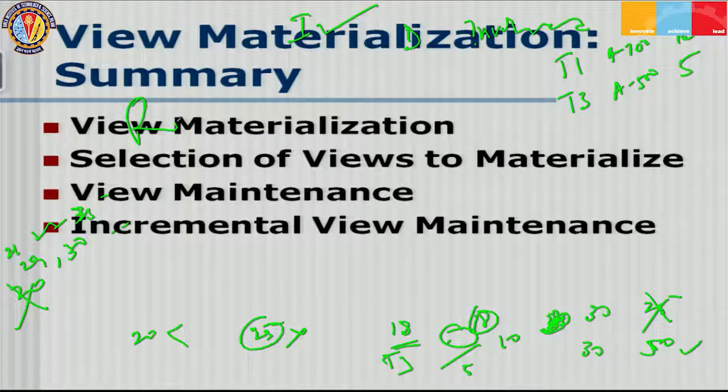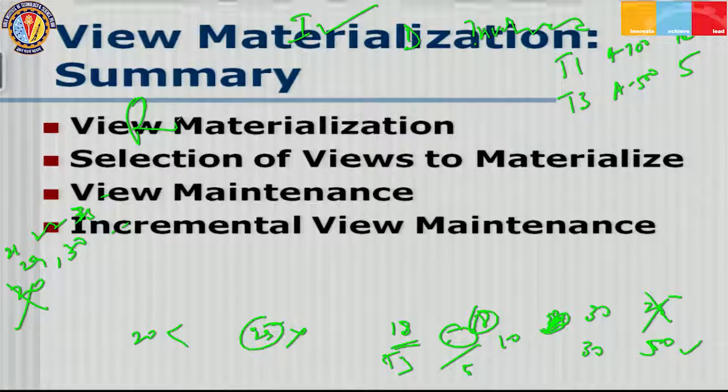With this, we conclude this section on view materialization. Let me summarize what we discussed. For view materialization, we discussed the concept and motivation behind it. Then we talked about selection of views to materialize, which is an NP-complete problem, and most of the algorithms for it are heuristic in nature.